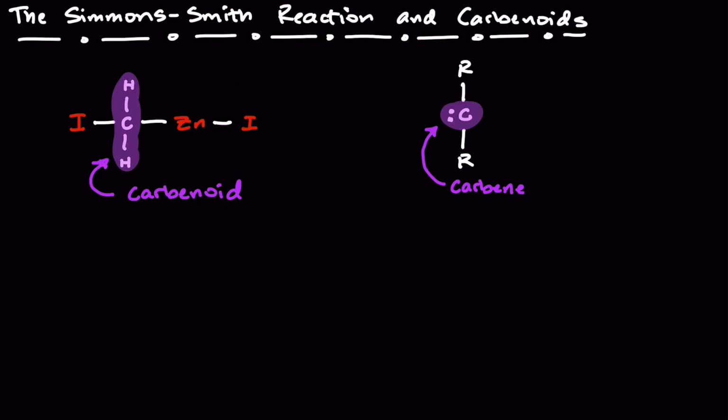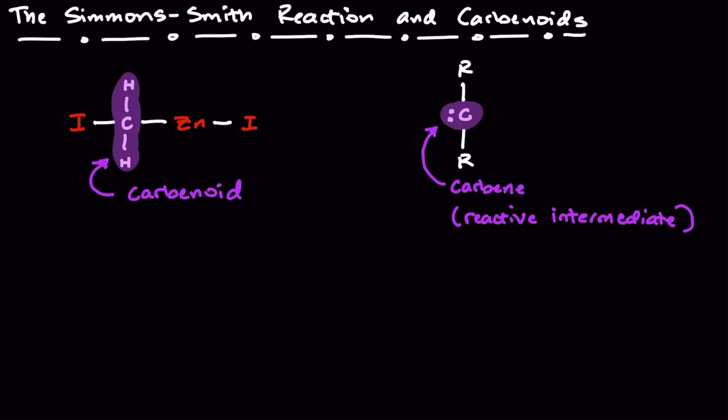So here's a carbene. A carbene is a reactive intermediate. It is short-lived, but it is formally a neutral carbon. If you look at the formal charge of this particular carbon, that formal charge is 0. So it's a neutral carbon that has 2 sigma bonds and 1 lone pair of electrons.